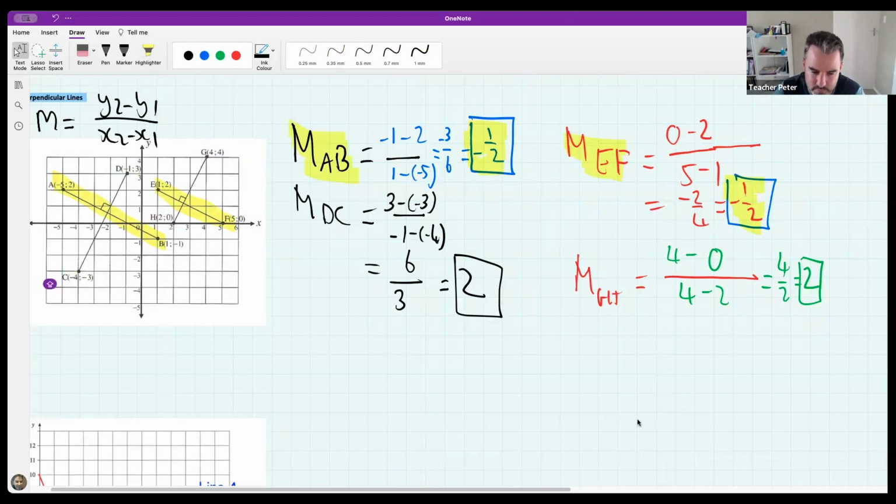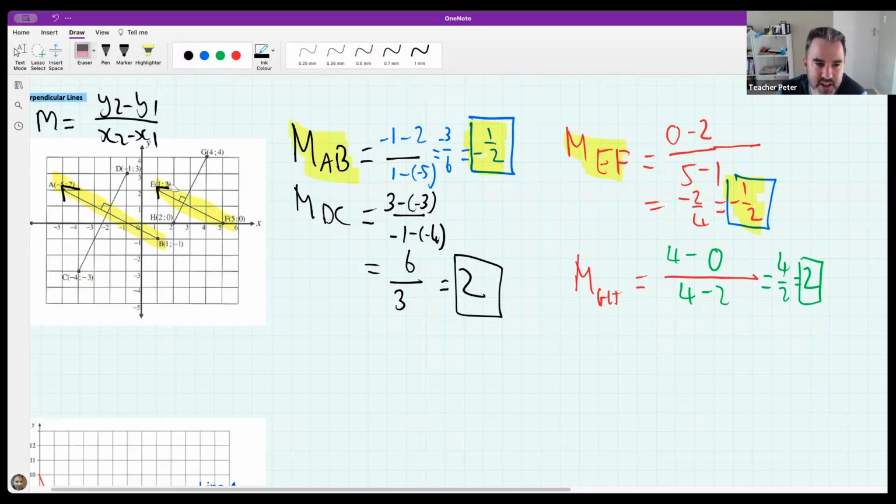Who has some knowledge to share with classmates? They have the same gradient. Yes, they have the same gradient. And what we also notice is that this and this line are parallel to each other. So if lines have the same gradient, they are parallel to each other, which is awesome.